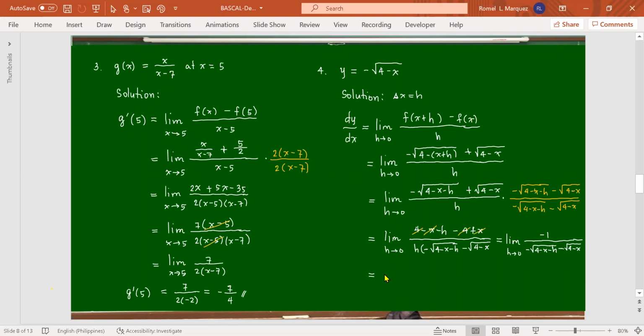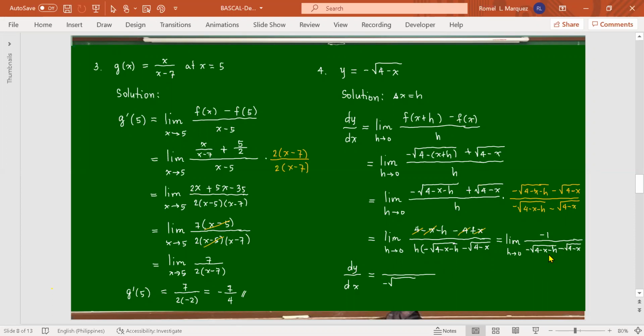Ayan. What is now the derivative of y with respect to x? What's now the value? Negative in the numerator, in the denominator is the square root.